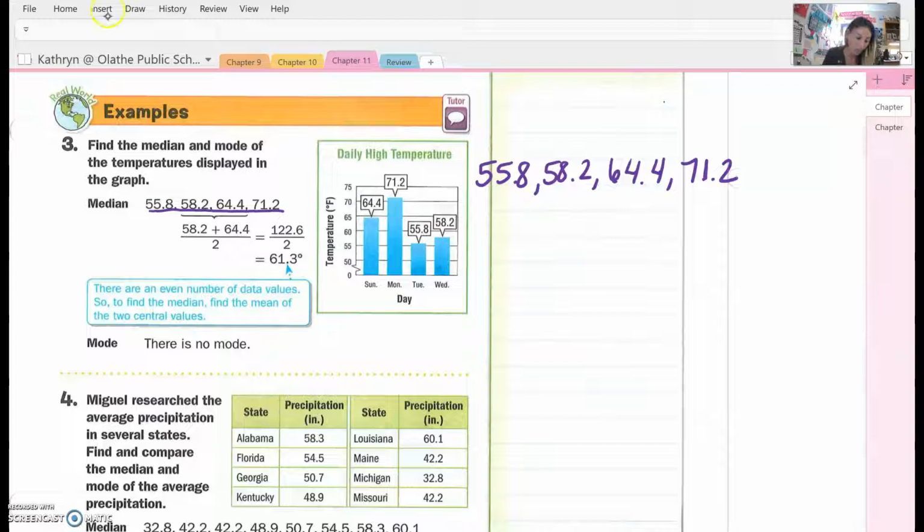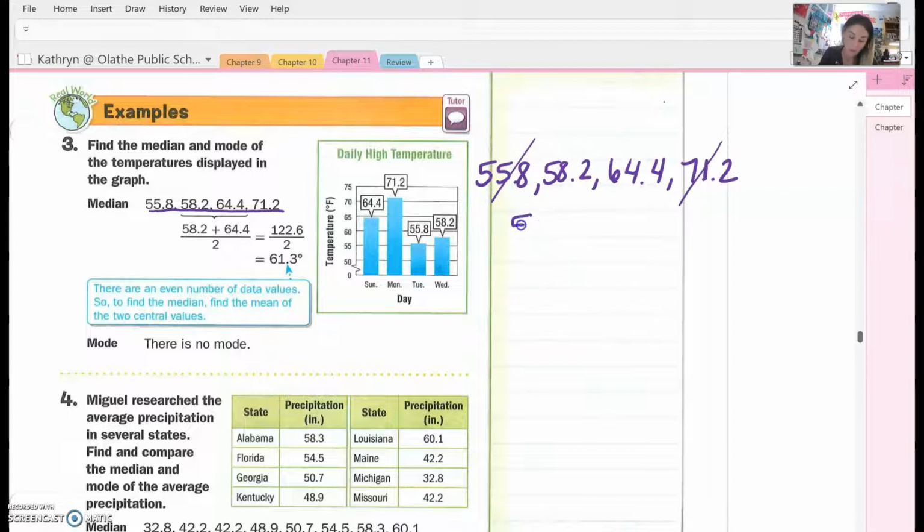So when you go through to find your median, your middle number, 1, 1, you can't cross off because there's two left and then you're stuck without a median. How do you find the median when you have two numbers? You are going to add these two together and then divide by 2.